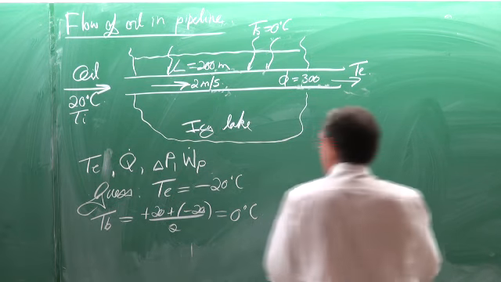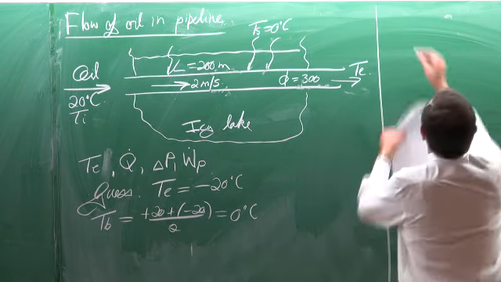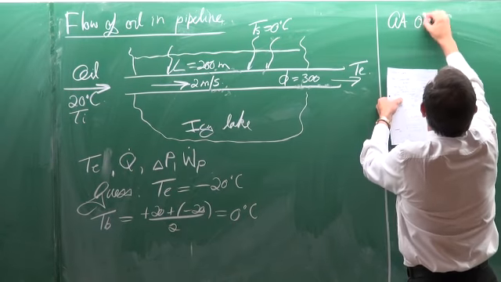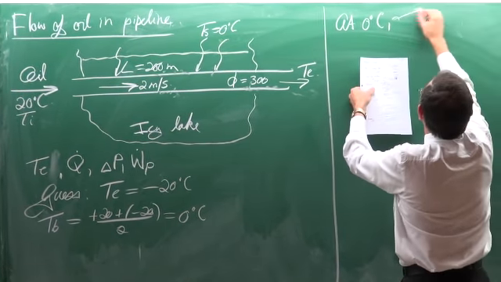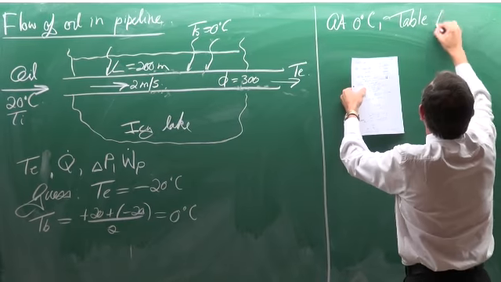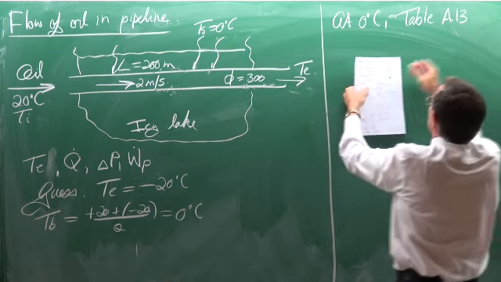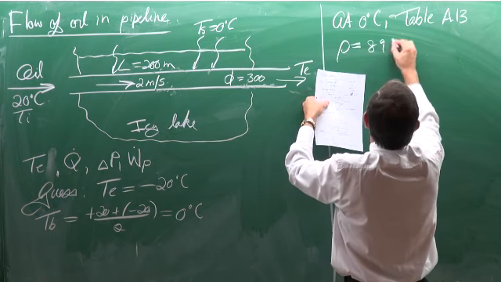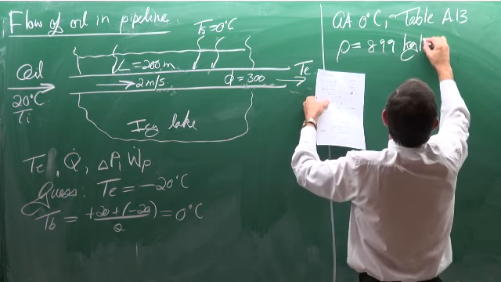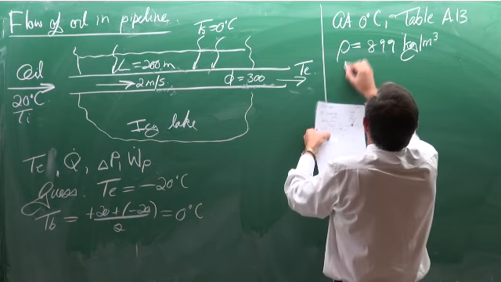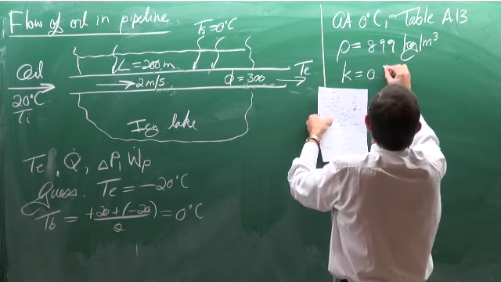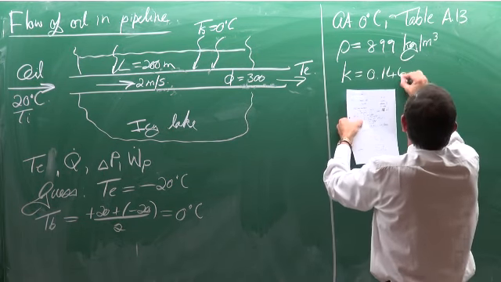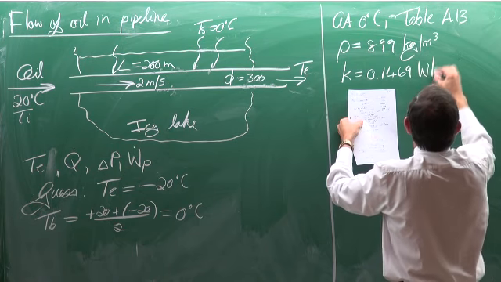Right, so at 0 degrees Celsius, if we go and look in table A13, you will see that the density is equal to 899 kilograms per cubic meter. The thermal conductivity is equal to 1.469 watts per meter Kelvin.